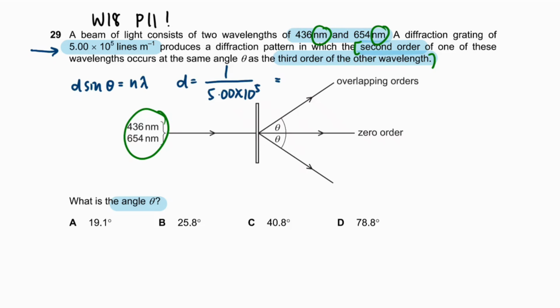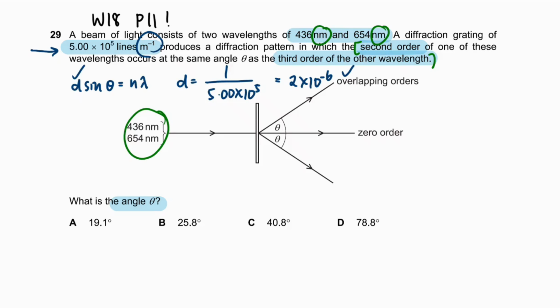Whenever the question gives you per meter, per millimeter, or anything similar, make sure you calculate your d by taking 1 divided by the value, because your d is always in meters. When you calculate this, you'll get 2 times 10 to the power of negative 6.